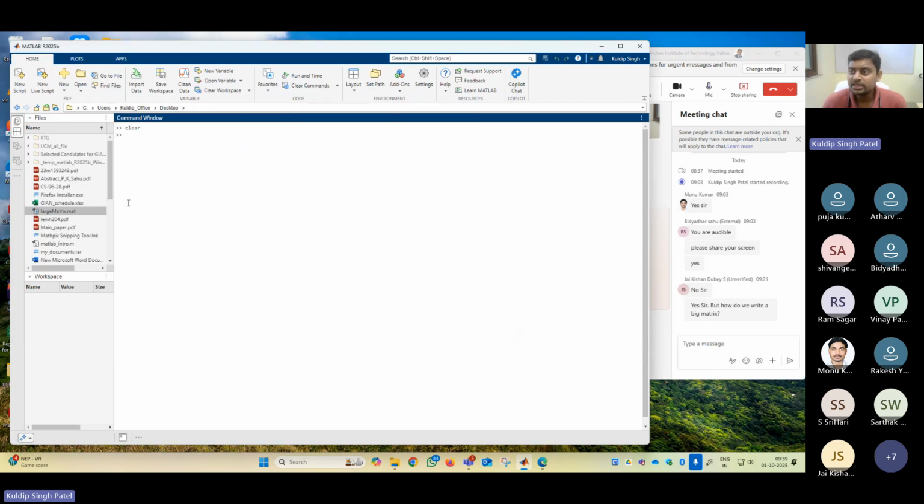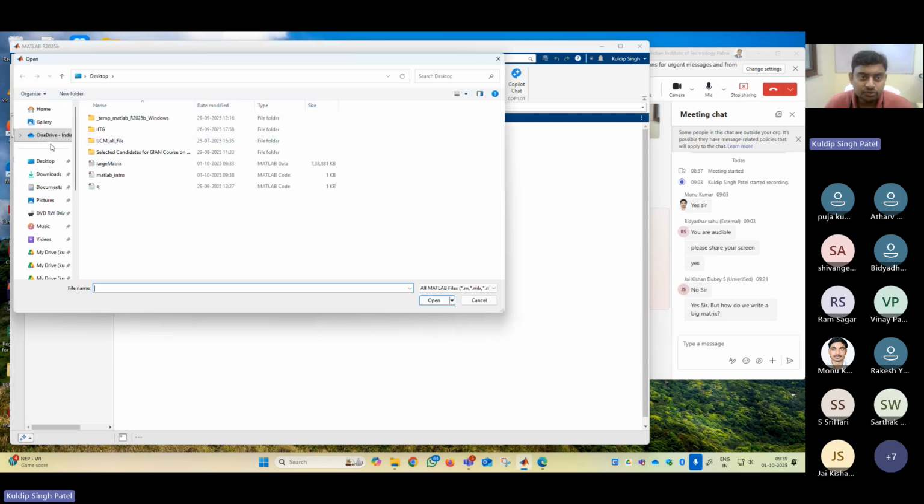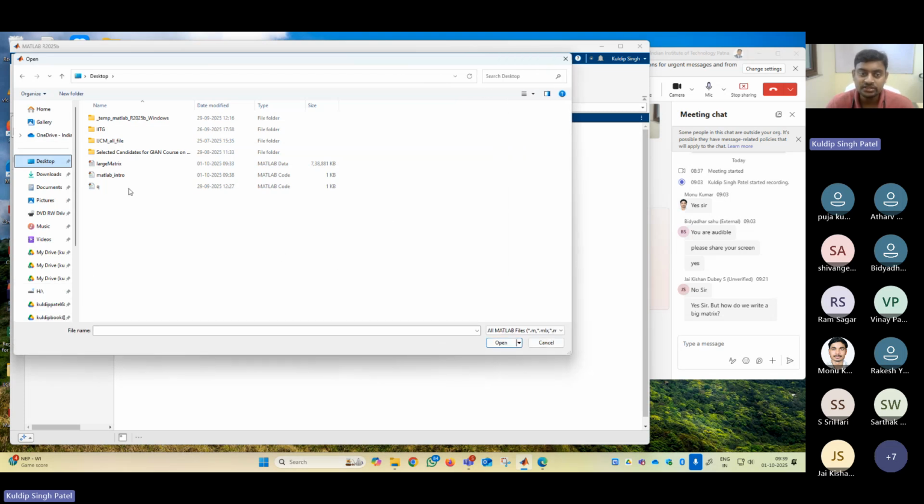Suppose you said that I'll need the previous code that I wrote. So you simply go to open, and you go to desktop. Please see here, I just want to show you a few beautiful things. The MATLAB intro file which you wrote, the 4 or 5 lines I just wrote, is only 1 KB. But the matrix you created, you see the file difference. This is MATLAB code, this is MATLAB data.